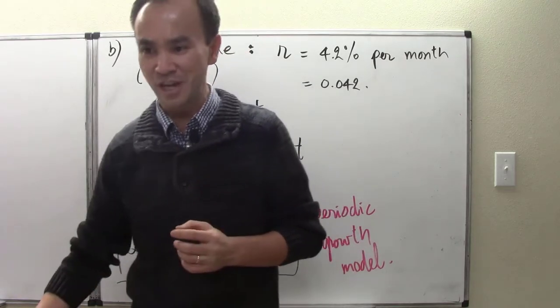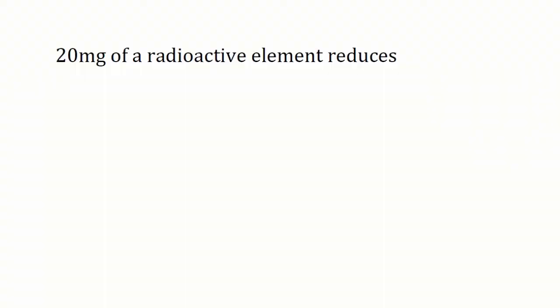Okay, so now back to the problem itself. All you need to understand here is that it's some element that can break down and disappear easily. That's why we have 20 milligrams at the start. Okay, and then it reduces. See, the way it's stated here, 20 milligrams of a radioactive element reduces, and that's why I'm using that term.